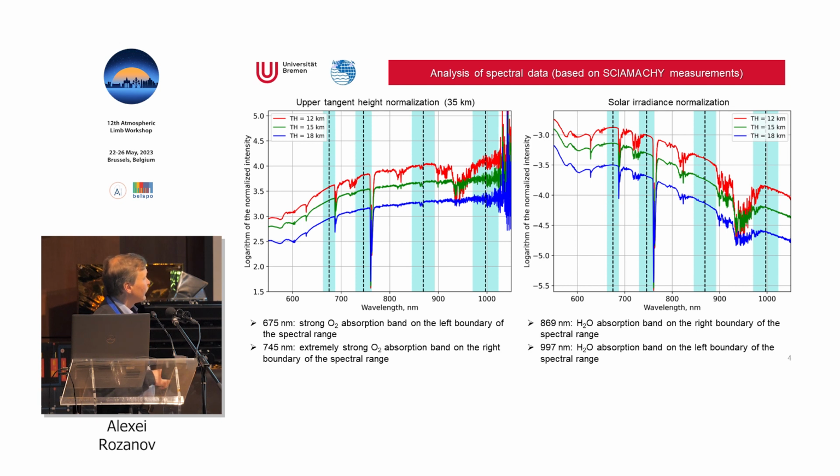I just analyzed whether we should switch. And what we see here at 675 is O2 absorption on the boundary of the spectral range.